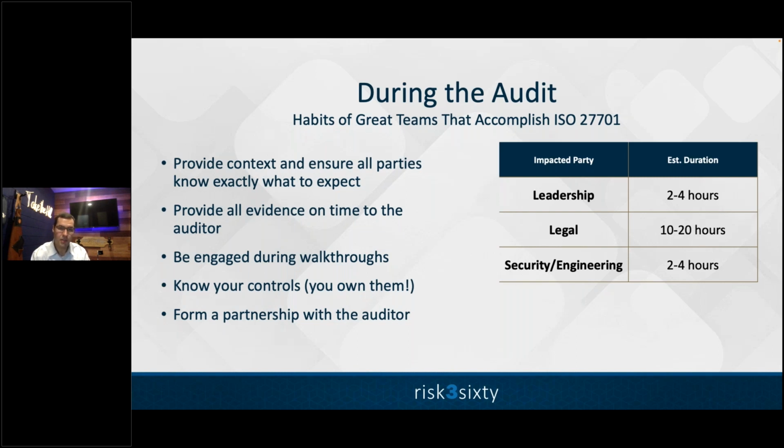During walkthroughs, be engaged. Be willing to tell the auditor what they need to know. Describe your process as well so that the auditor's getting the information that they need, and it helps them be sure, oh, this process is running well because this person could speak to it so well.